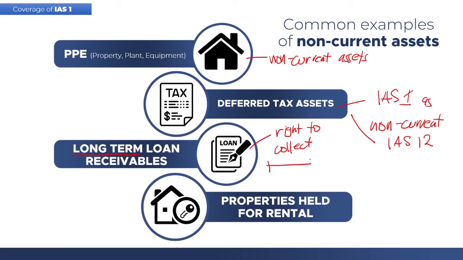For example, if this is your reporting period of 12 months, and you're preparing a financial statement as of the year end, year X, and this is year X plus 1, this is year X plus 2, and you're expected to receive this receivable at this point in time by contract.